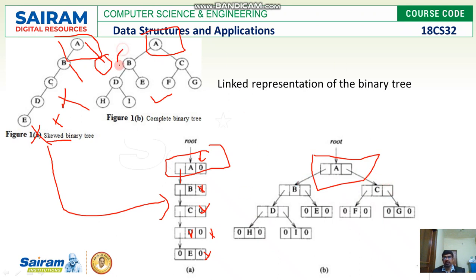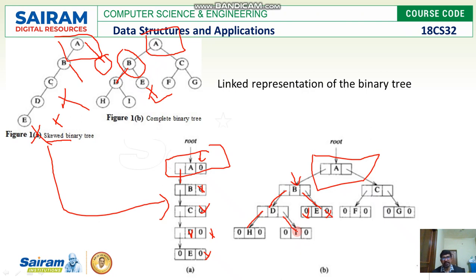In the left subtree, you can find B as the root, and B has two nodes D and E. E has no child, so we have put it as null. In the same way we go to D, which has two children, H and I. So we are done with the left subtree of A.